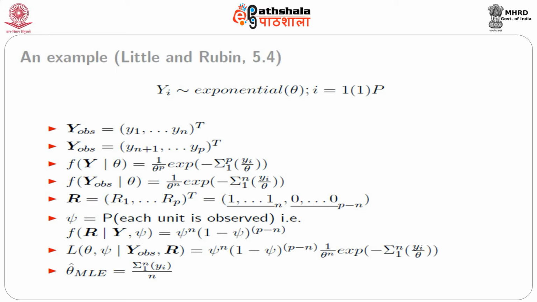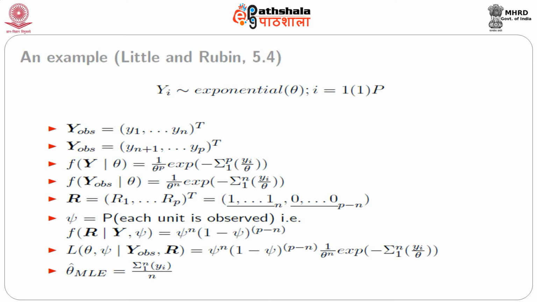Define psi as the probability that each unit is observed. Then f of r given y and psi: the ith unit is observed follows a Bernoulli distribution with parameter psi, which is equal to psi to the power n into (1 minus psi) to the power p minus n.